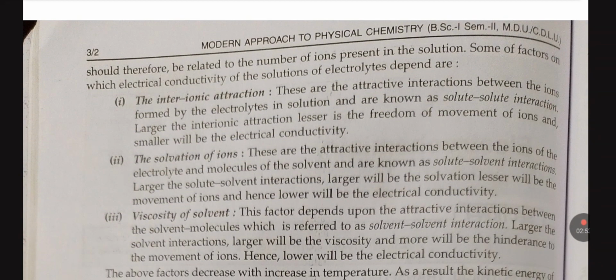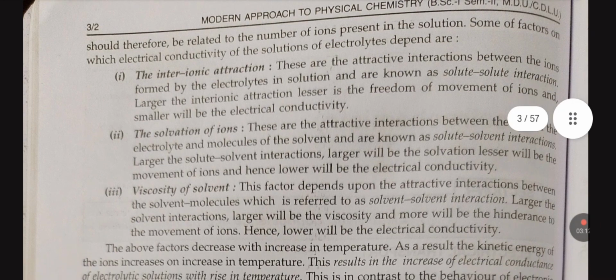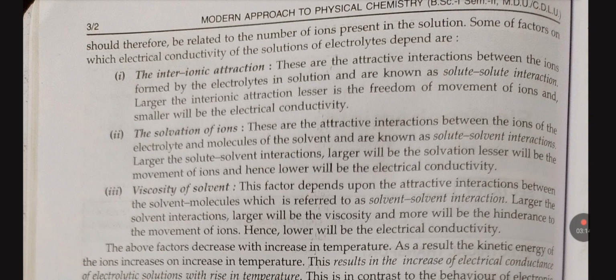Some of the factors on which electric conduction of the solution of electrolyte depends are the inter-ionic attraction. These are the attractive interactions between ions formed by the electrolytes in solution and are known as solute-solute interaction. Larger the inter-ionic attraction, lesser is the freedom of movement of ions and smaller will be the electric conductivity.